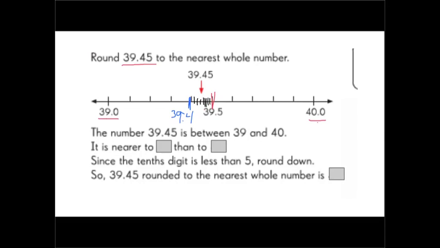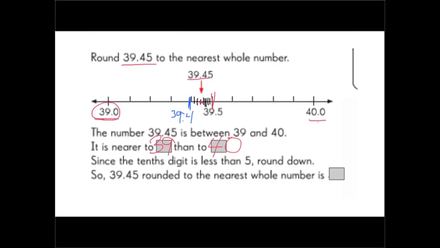So we know that 39 and 45/100ths is right in the middle between 39 and 4/10 and 39 and 5/10. All of that to explain that 39 and 45/100ths is closer to 39 than it is to 40.